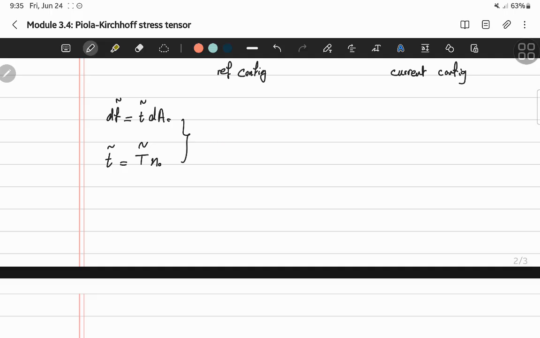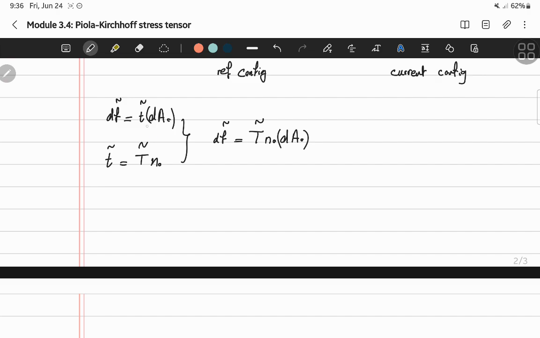So we have df tilde is equal to, so instead of small t tilde, here we have capital T tilde, N0 dA0. And this is, of course, a vector, because this is the force vector.